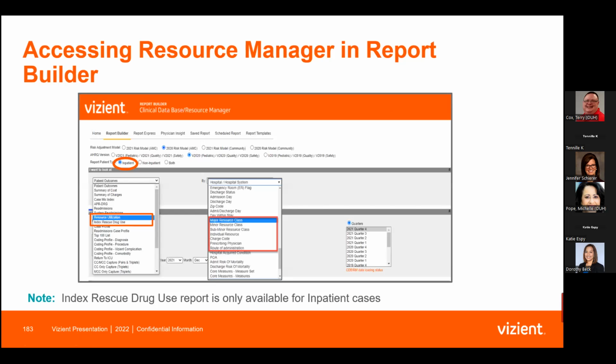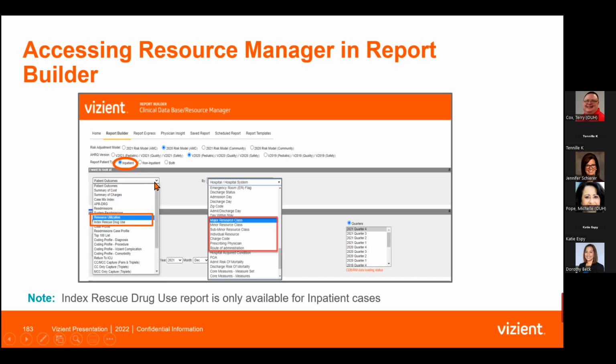All right, so now this is how you're going to do your resource utilization in Report Builder. If you have our Resource Manager access, if you click on resource utilization, oh, I'm sorry, I wanted to show you that there are two types related to Resource Manager, the resource utilization and index rescue drug use.